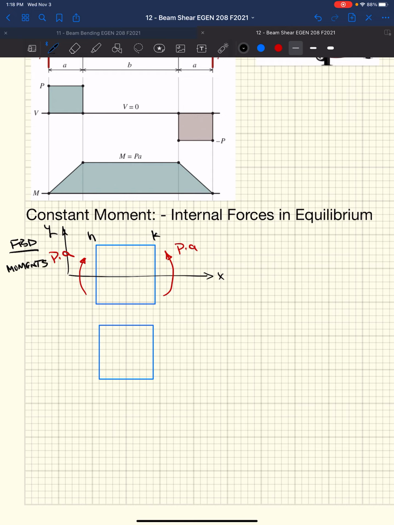And we've got moments that are applied to our free body diagram of our section. Now if we look at stresses and looked at a visual representation, right, free body diagram again, that same sliver, H to K.